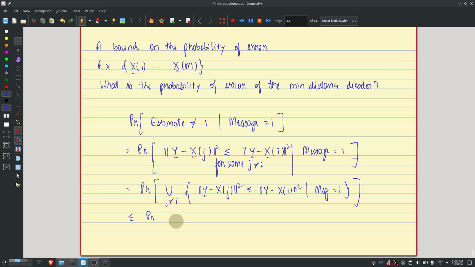So this is less than or equal to the summation over j equal to 1 to M, j not equal to I, of the probability that the norm of y minus x of j, squared, is less than or equal to the norm of y minus x of I, squared, given that the transmitted message was equal to I.